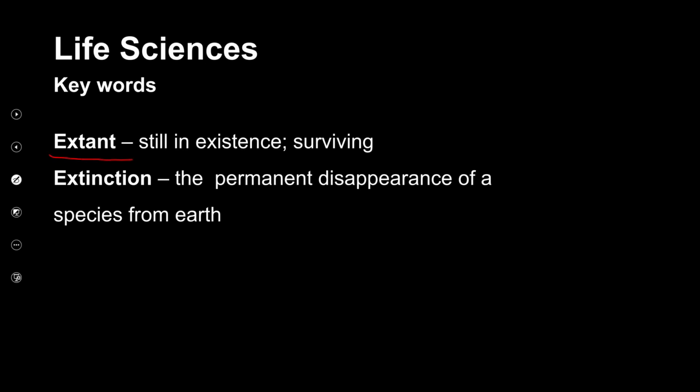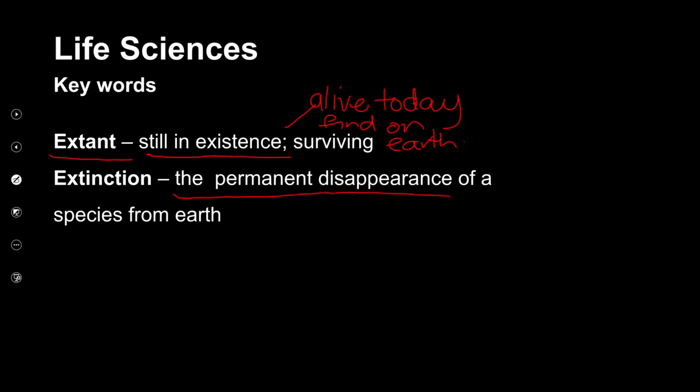Extant is an important term we use when we talk about organisms that are still in existence. So they still live, they are alive today. Those are species that we still find on Earth. Whereas those species that have disappeared, that are no longer found but only found in the fossil record, are known as extinct.